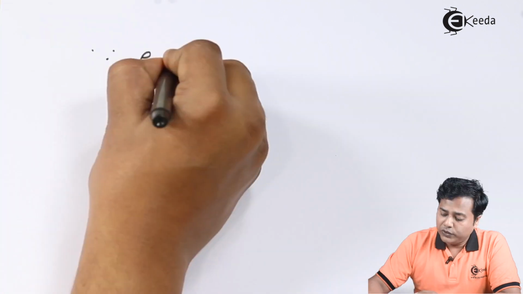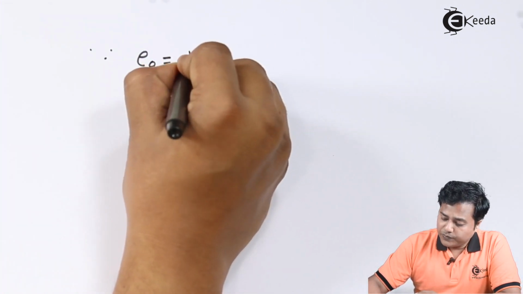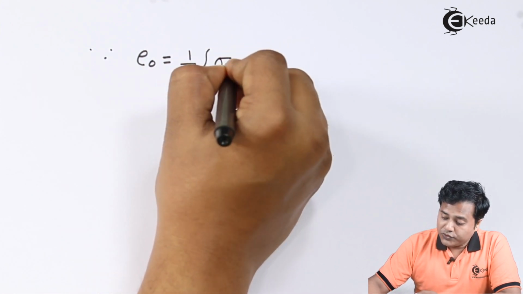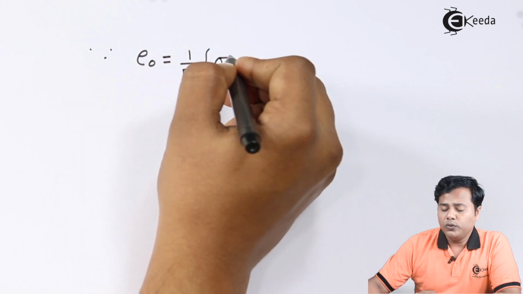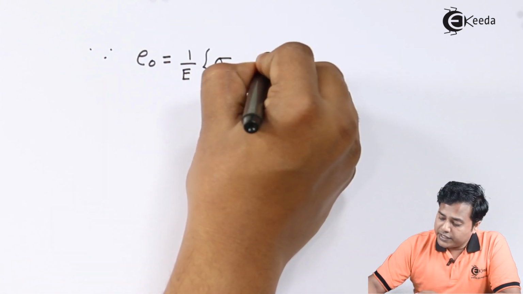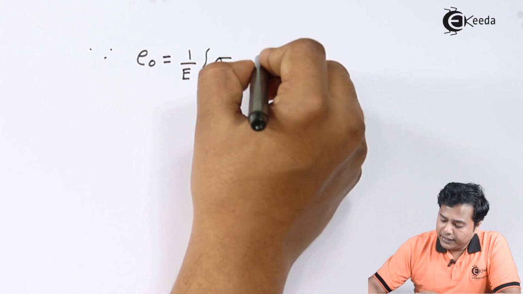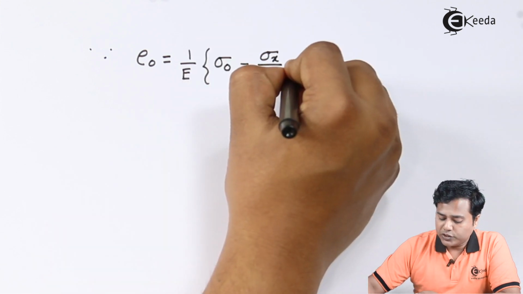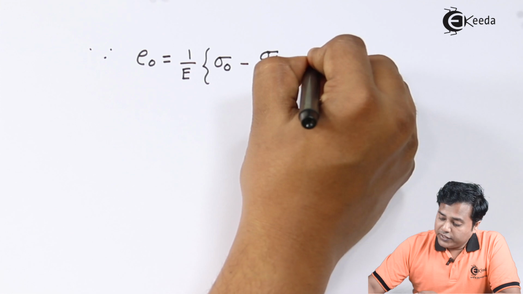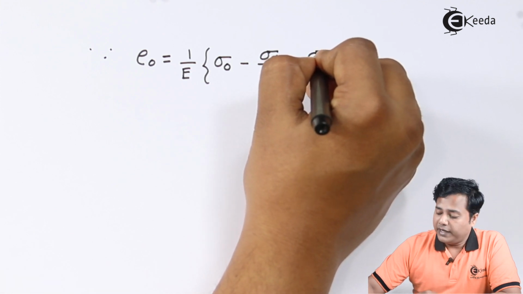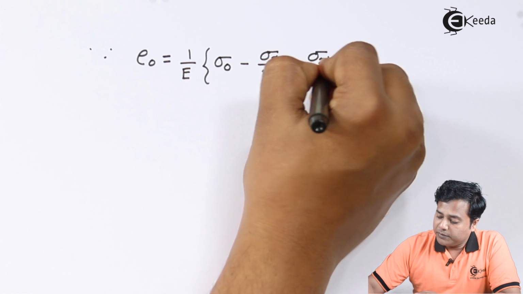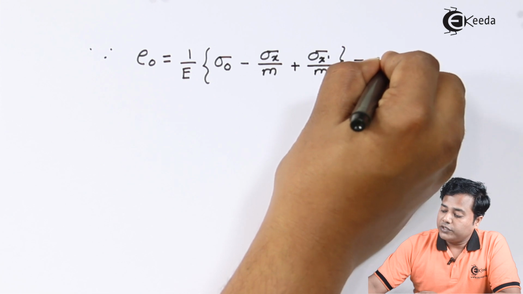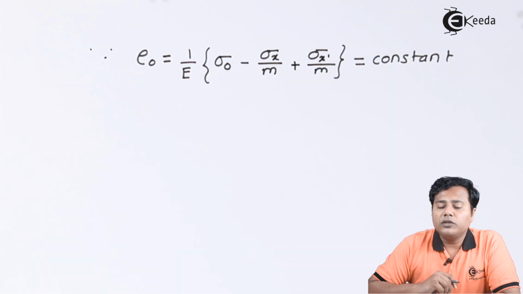The equation says that strain is equal to 1 upon E, that is Young's modulus, times the stress in the direction naught minus the stress in the direction X divided by M, as we know, 1 upon M is Poisson's ratio, plus the extra stress that is applied in the X direction, I'll call it sigma X dash, divided by M. This particular thing remains constant.